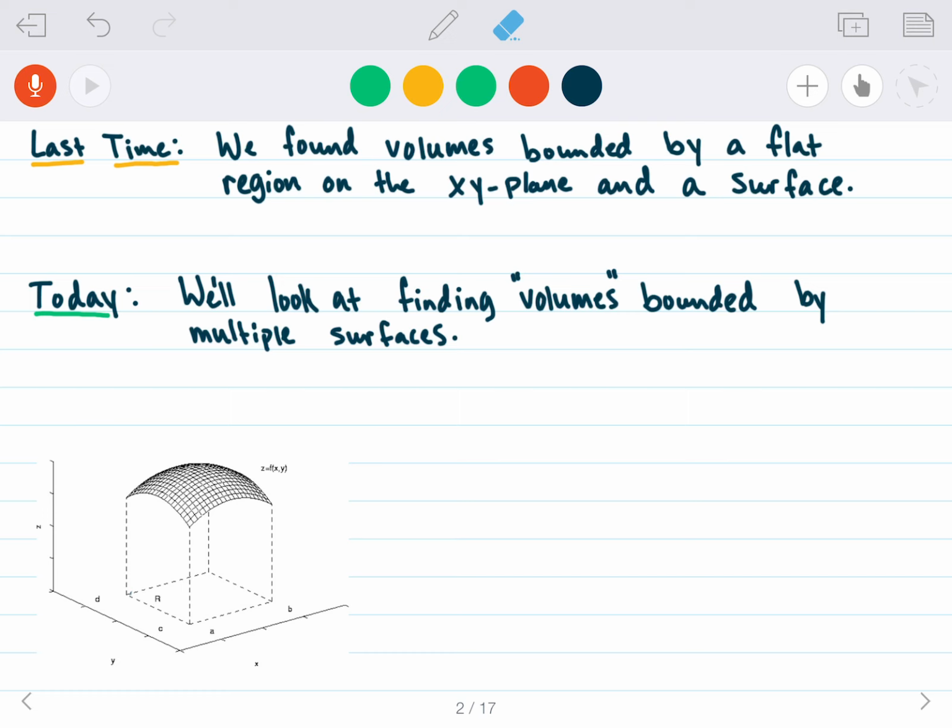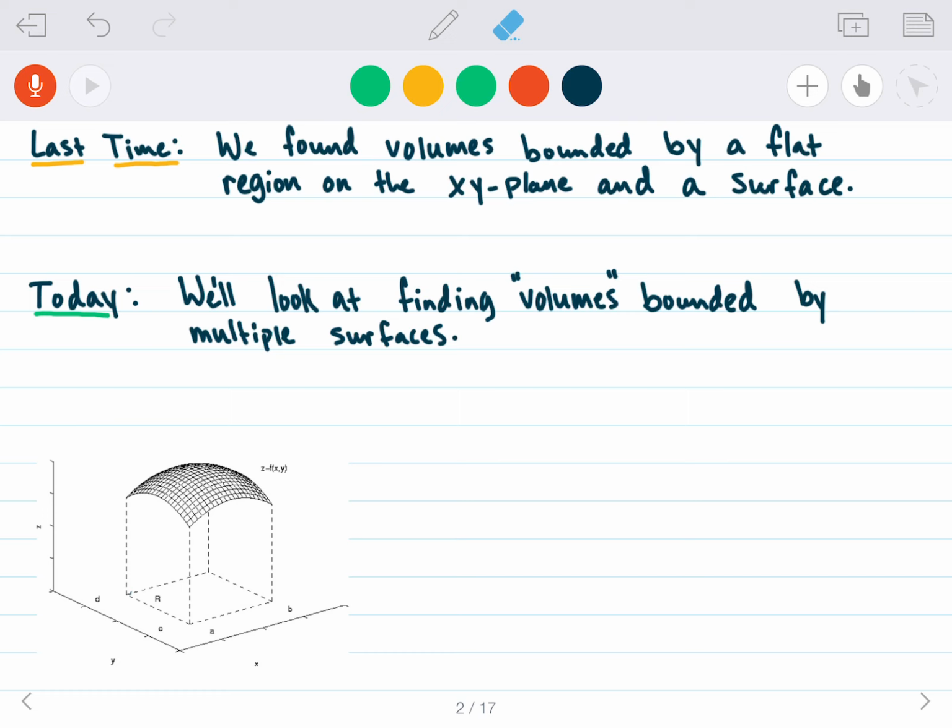And today we're going to bump it up a dimension because that's what we do when we learn things. We keep going up and up and up. In this lecture we're going to talk about finding volumes in the traditional sense of the word volume, but we're also going to talk about finding quote-unquote volumes, meaning we're finding volumes under 4D surfaces, which we can't visualize.